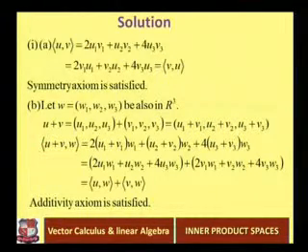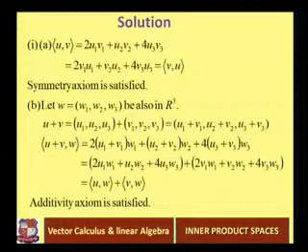First of all, we check the symmetry property. Inner product of u, v is equal to 2 times u1 v1 plus u2 v2 plus 4 times u3 v3. Now we interchange the order: 2 times v1 u1 plus v2 u2 plus 4 times v3 u3.